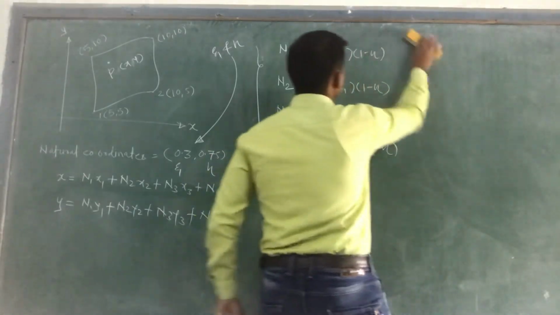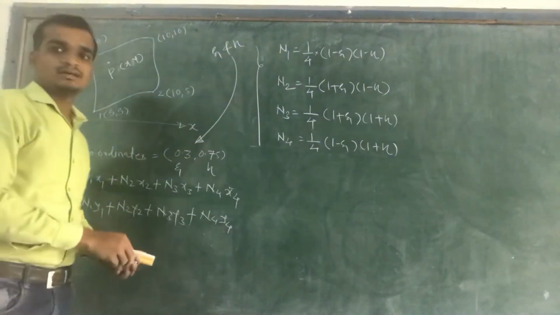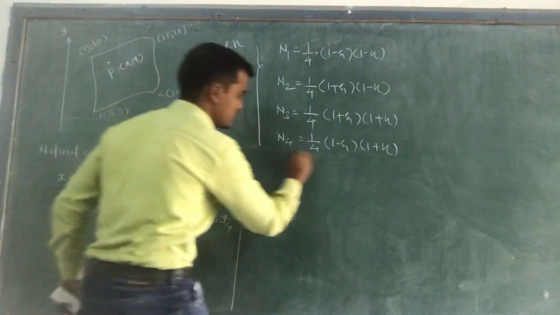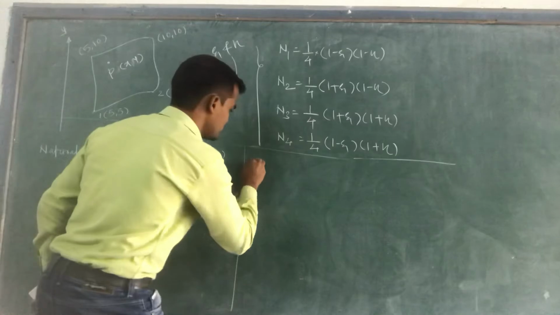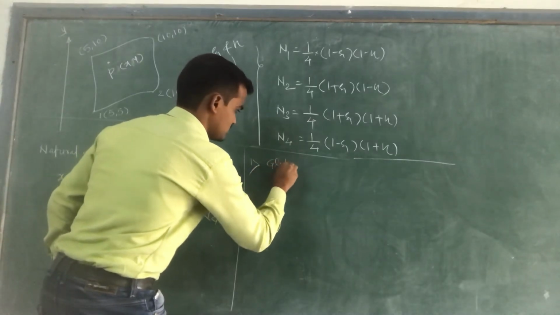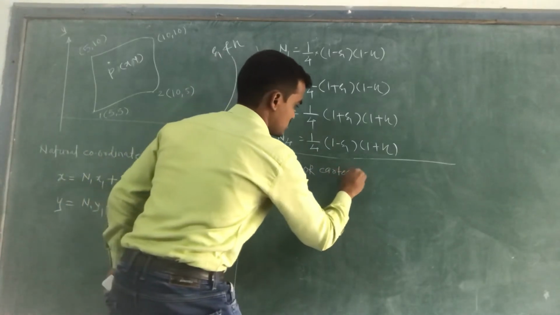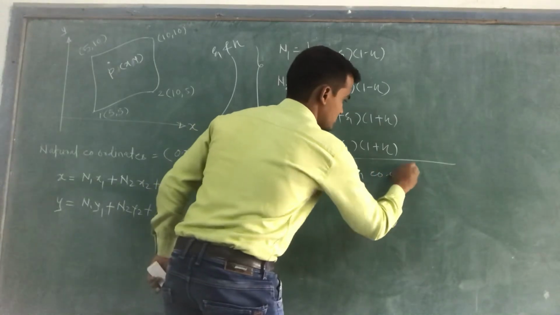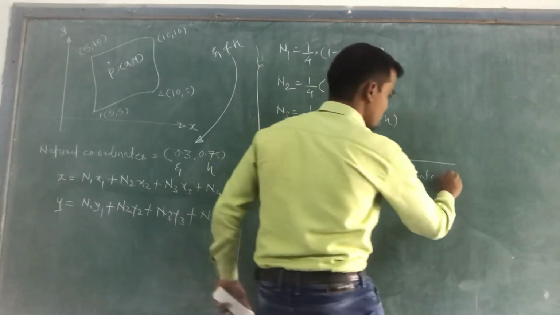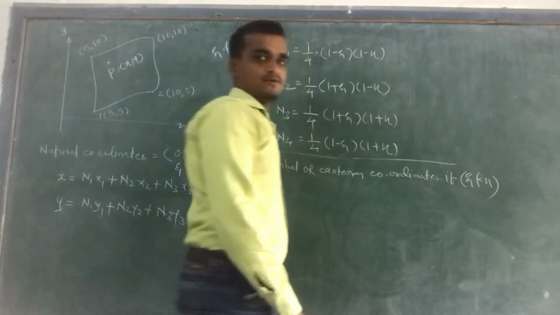Second category is: find the natural coordinates by using global Cartesian coordinates. So the first one is: find the global or Cartesian coordinates if zeta and eta are given.